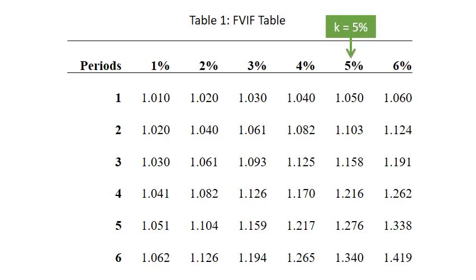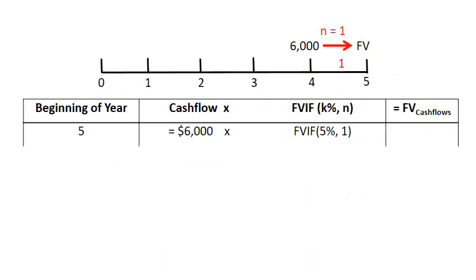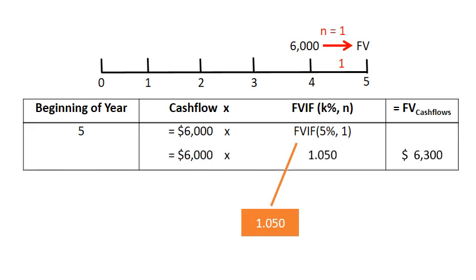So K is 5% and N is 1. We're looking at this figure 1.050. Substitute the figure from the FVIF table. So it's equal to 6,000 times 1.050 gives you 6,300, which is the future value.